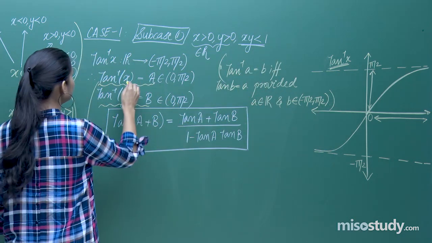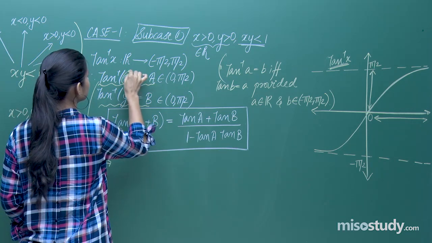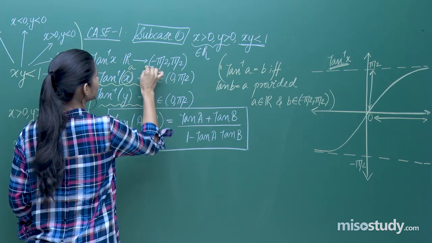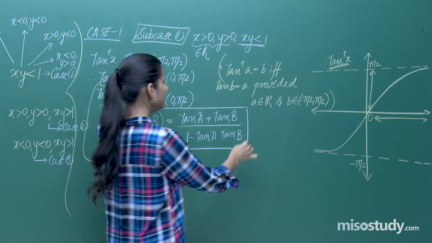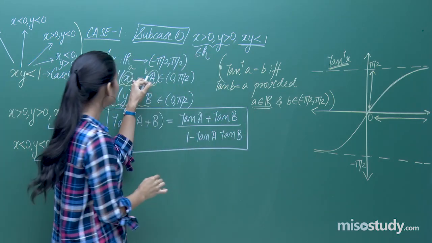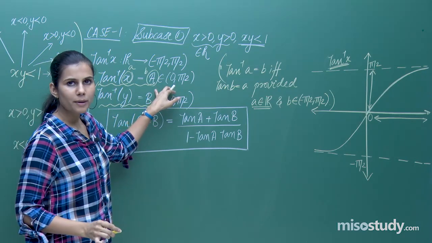Over here, if you take this x as small a and this a as small b, you can see x is a positive real number, so definitely x is a real number, so a is a real number, and capital A is coming from 0 comma pi by 2.